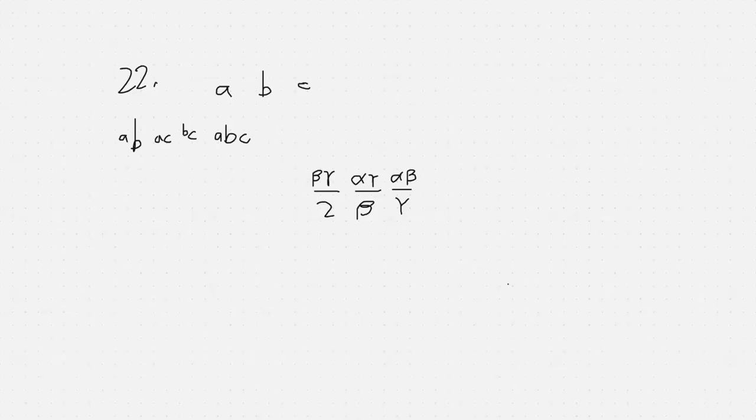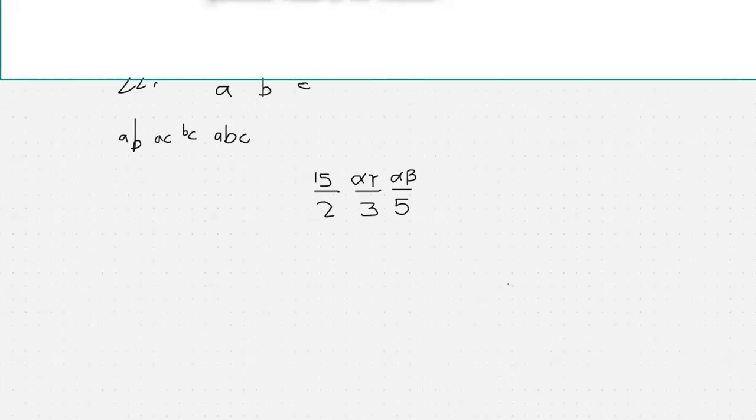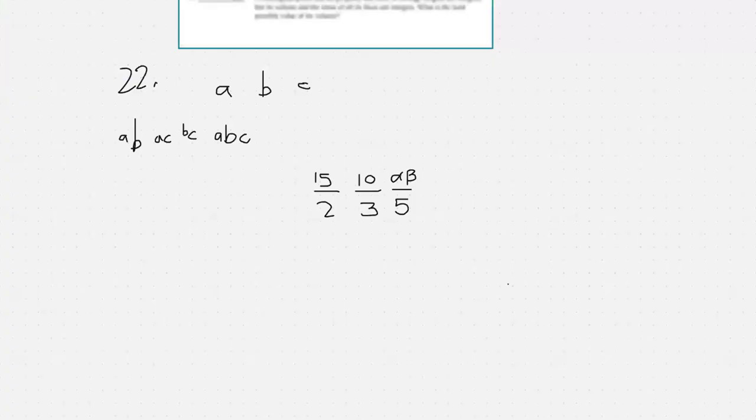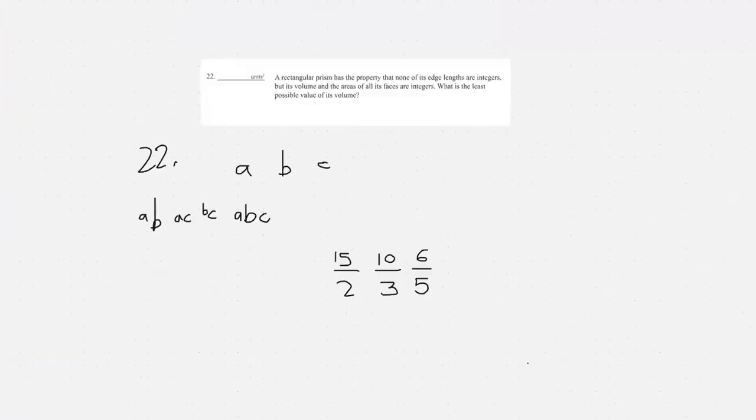Gamma, the minimum would in theory be 4, but then the first one would become an integer, so it can't be 4, it must be 5. So this just becomes 15 over 2, 10 over 3, and 6 over 5. And the product of all of these, if you calculate it, is 30. So that's the answer.